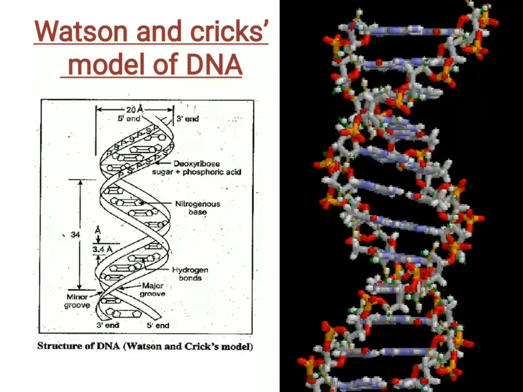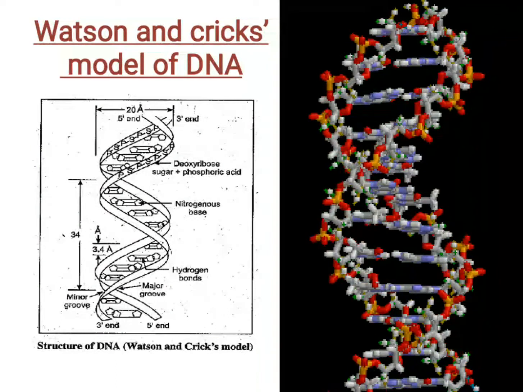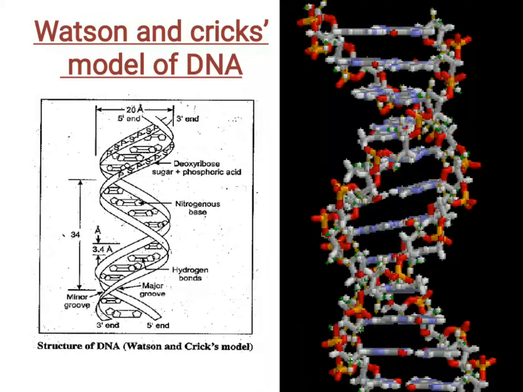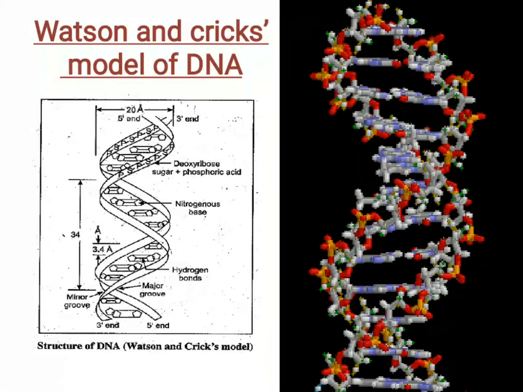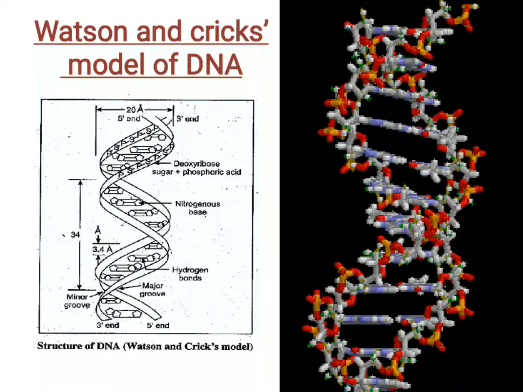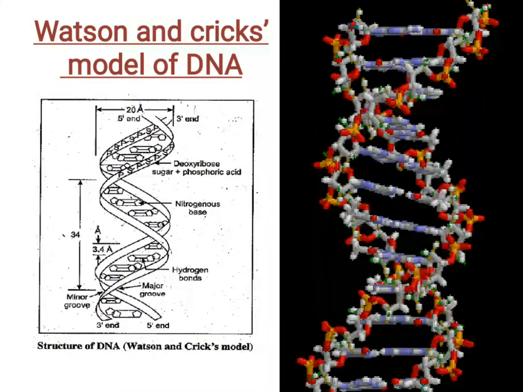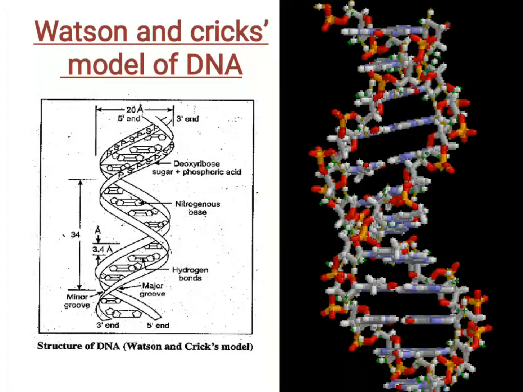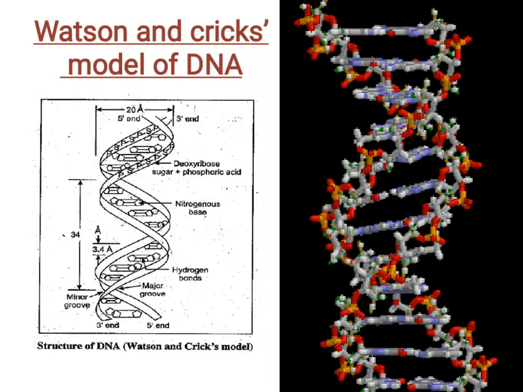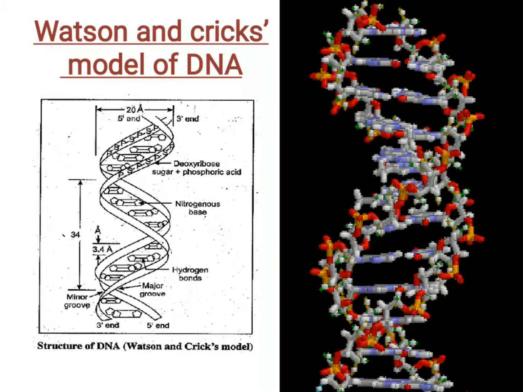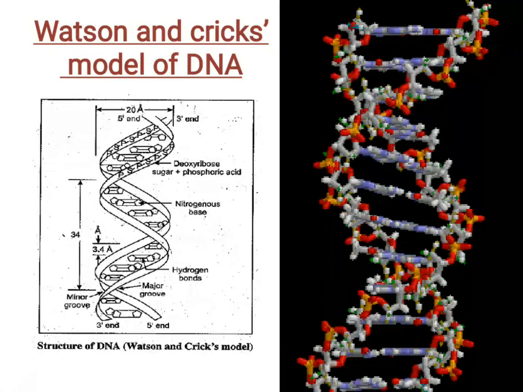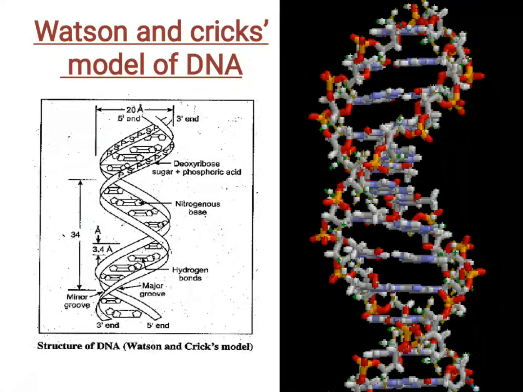That summarized the structure of the DNA, and it is like this. As you can see in the figure, the Watson and Crick model is explained in a very elusive and explanatory way, and in 1953 this model was given, for which the two scientists were awarded the Nobel Prize.